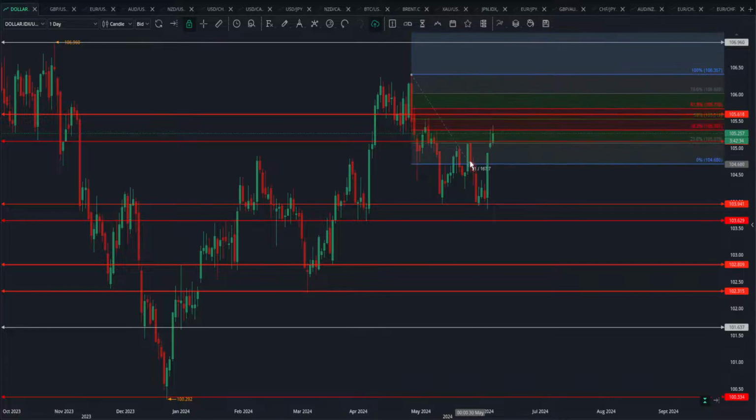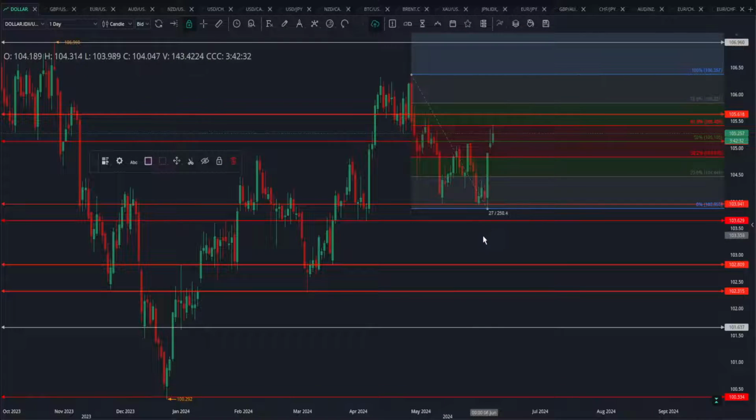If you draw a Fibonacci on this, you will realize that it has met the 62% level, or it is almost between this golden area of resistance, 62 to 70%. Now 105.61 is a crucial resistance to cross, and 61% it has already achieved. So tomorrow and day after, I am expecting the US dollar to fall. It doesn't seem like rising from here. It has created so much imbalance, it is bound to come down. Okay, so let's see what happens tomorrow and day after.